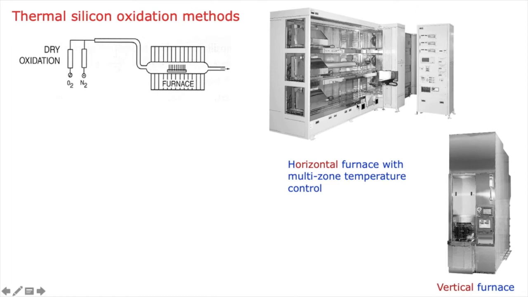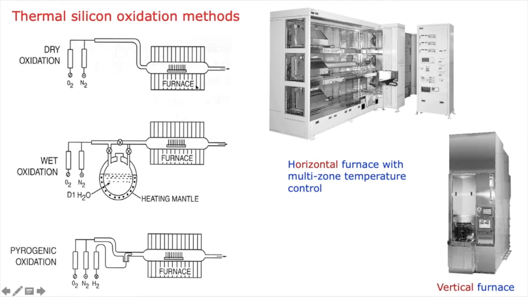This furnace can be horizontal, or it can be vertical as well. For dry oxidation, as I said, you need nitrogen to carry the oxygen gas. So you have an oxygen supply and a nitrogen supply. These two gases come here, and this is the furnace where you need to heat, and at a particular temperature the silicon will get oxidized.